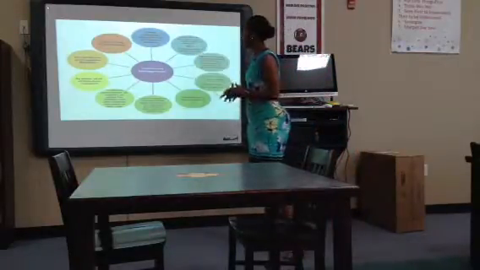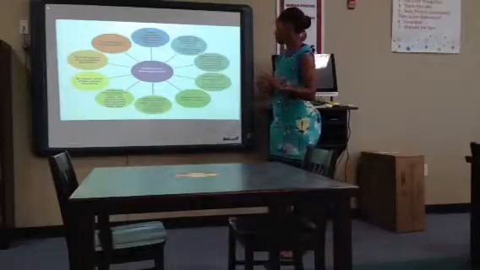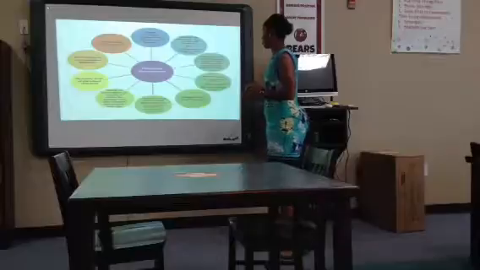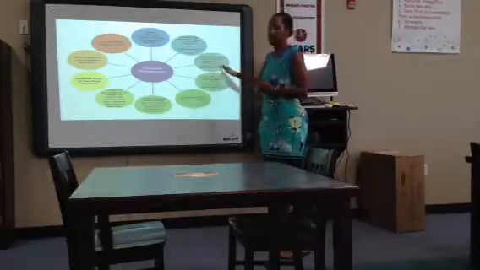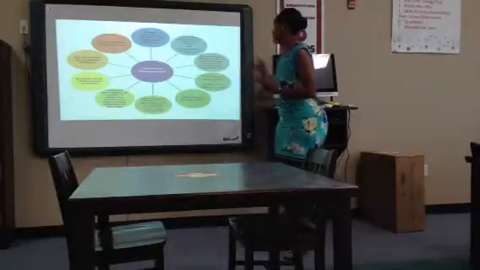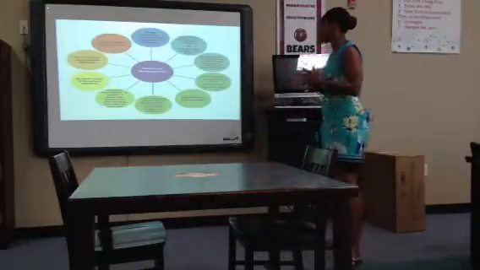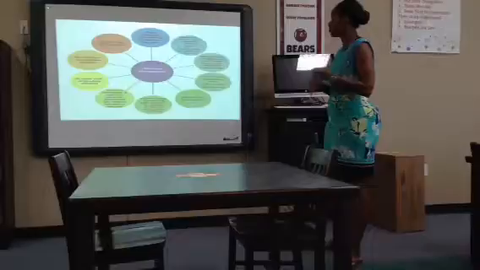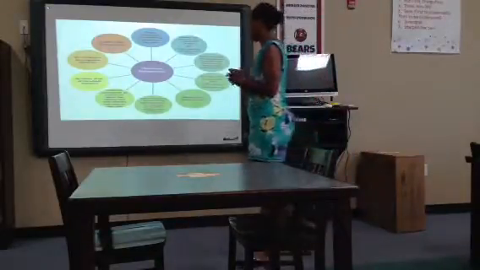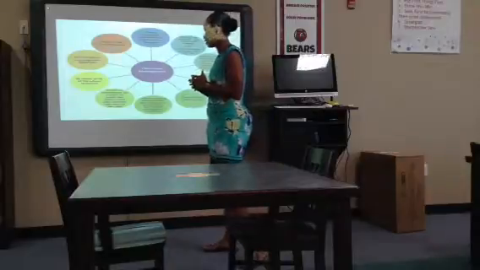Another thing is you need to maintain consistent routines. When students are engaged and excited about learning, then you'll know that classroom management is effective. Three key things we're going to talk about are using your inside voice and waiting your turn. Those are all good attributes for good classroom management.